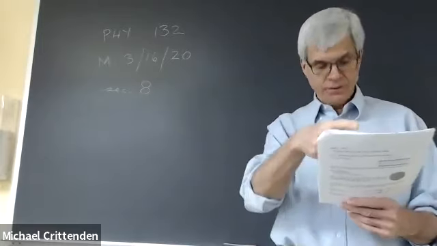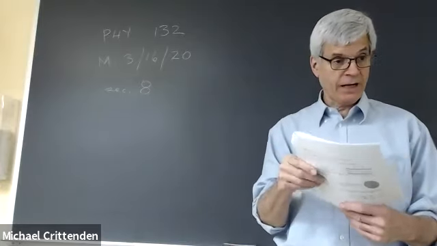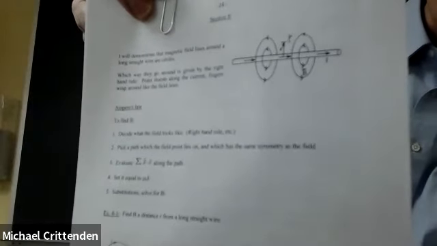And I'd already gotten to the bottom of page 24 of the note packet, where I took Ampere's Law and tried to make it into a little step-by-step recipe. Hopefully you've got your copy of the notes in front of you.